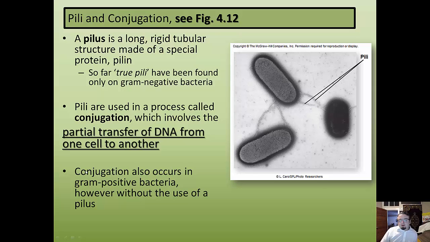Conjugation is a separate process in which some of the DNA from one cell is passed into the cell of another bacterium. So the pilus, the pili, is an attachment mechanism that primarily allows bacteria to undergo conjugation, which is the exchange of DNA between one cell and another.